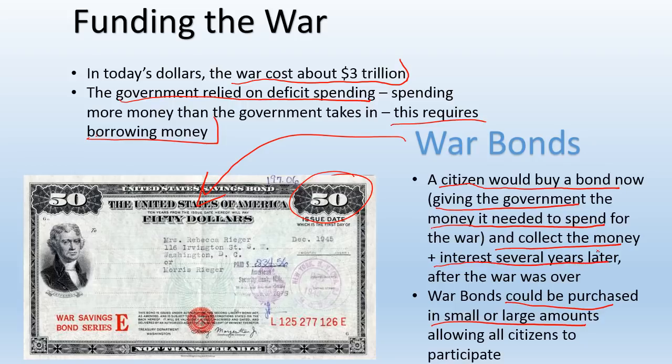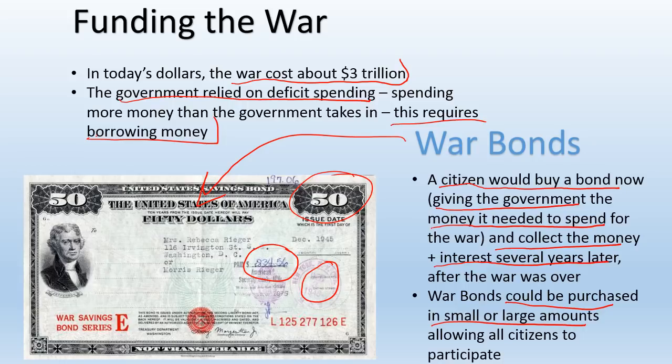So we see $50 here, and I believe it says 234.56. It's kind of hard to see, but I believe this also says December 3rd, 1949 or something like that. So apparently, about 4 years later or so, they would collect more than 4 times, almost 5 times, the money that they invested.